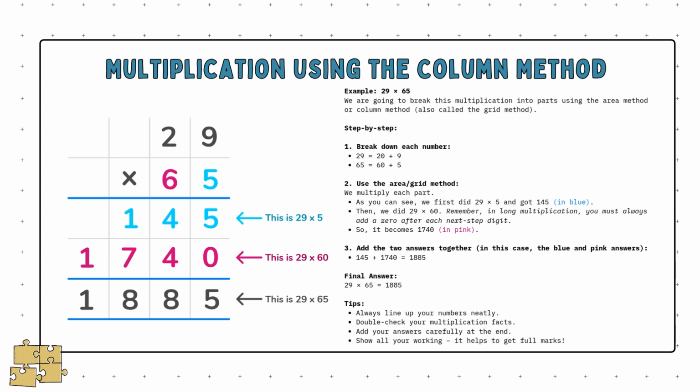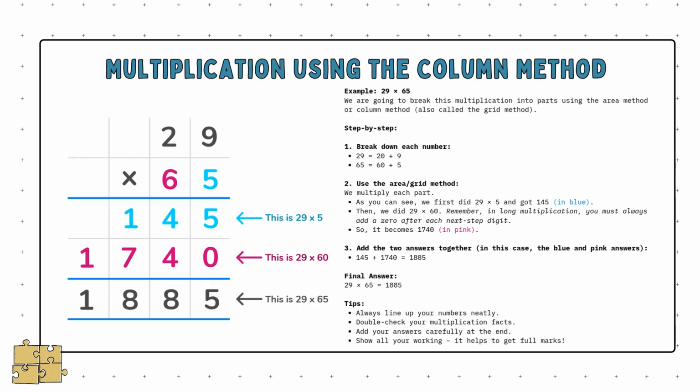So the final answer is 29 times 65 equals 1885. Tips while doing this: always line your numbers properly when you add.